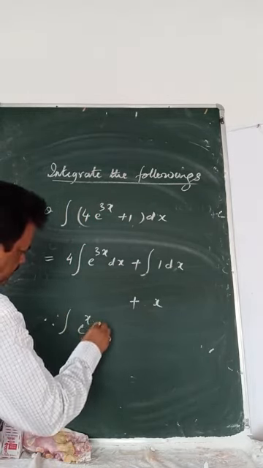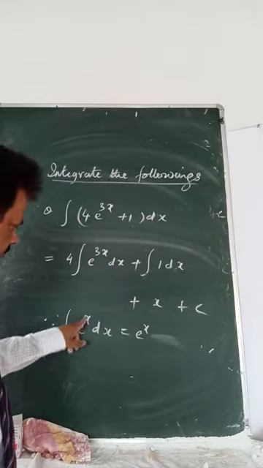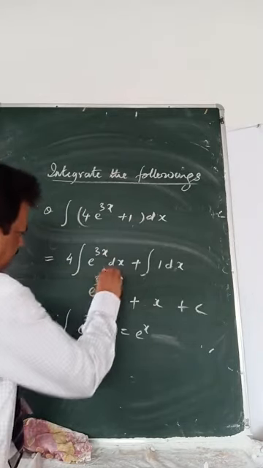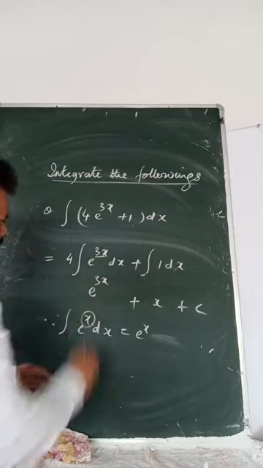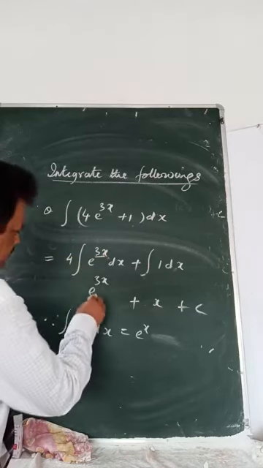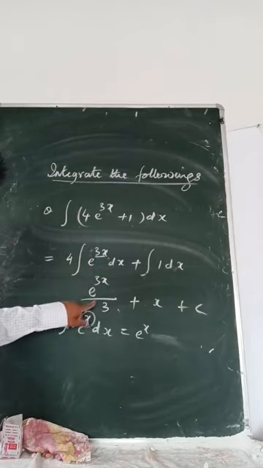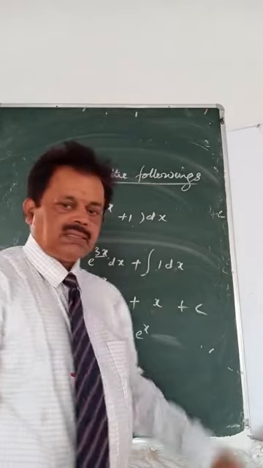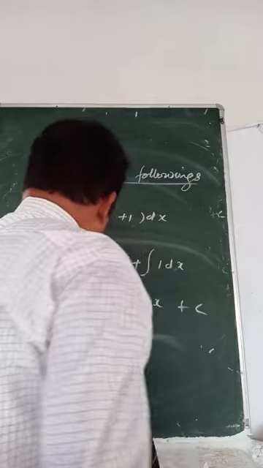E to the power x plus c. So you can write at the last. Then e to the power x is e to the power x, so it will be e to the power 3x, but in place of x you have got 3x. So 3x का derivative you have to divide. This integration is this one, dx का integration is x, then a constant of integration. Okay, let's proceed with some more questions.